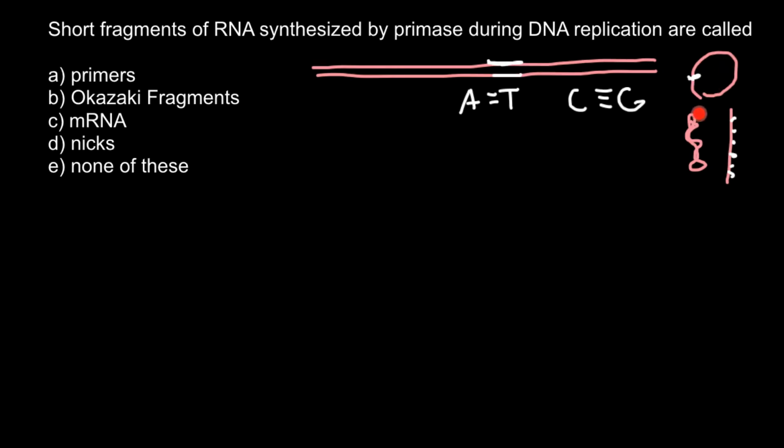And what I mean by negatively supercoiled is this: if we consider this double-stranded DNA, the best comparison would be with a metal spring. So imagine that this is a metal spring. It twists in this way.